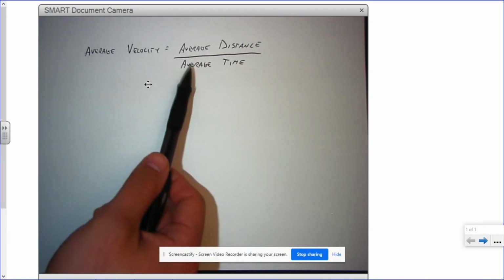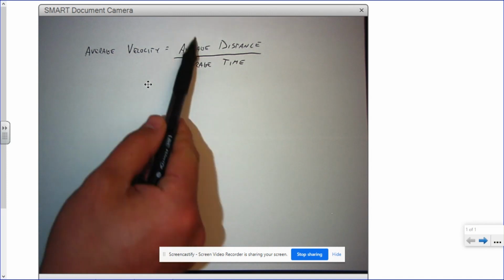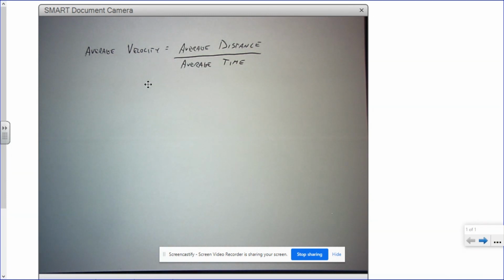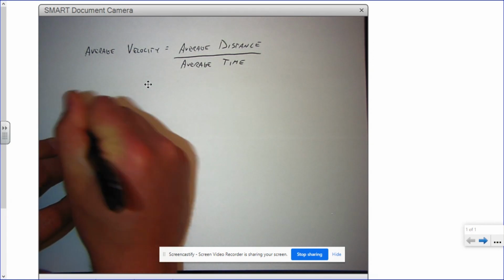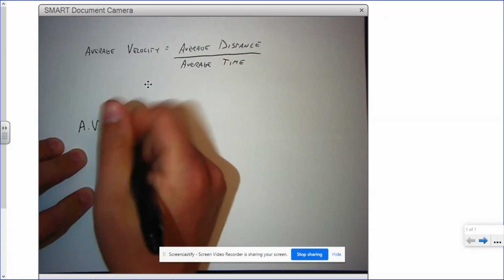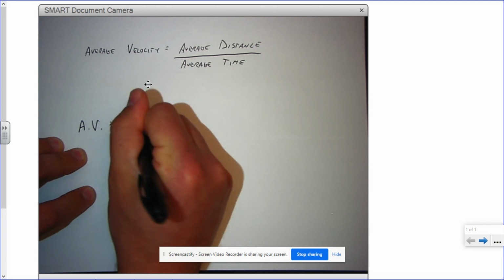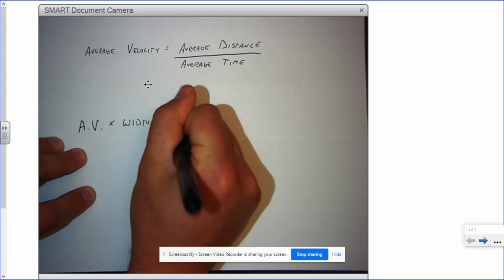So 10 meters is our average distance. And then you have to figure out the average time. Divide that distance by that time, and we're going to get that average velocity. So we have average velocity. That's already figured out. We need to take that times our width of the stream and our average depth.